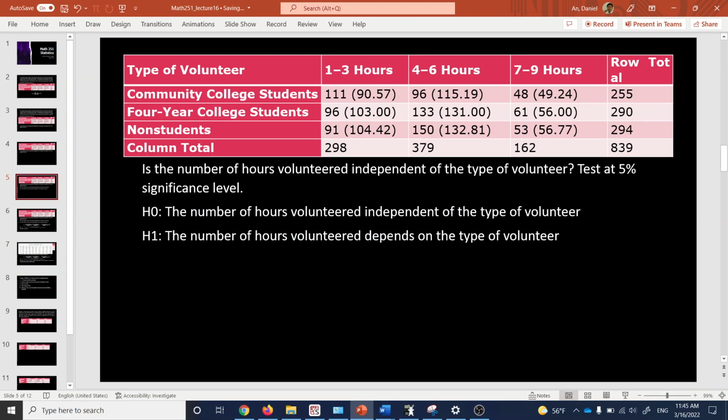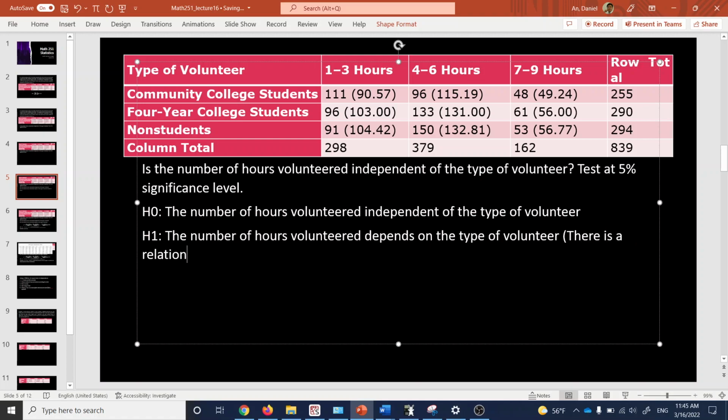The number of hours volunteered depends on the type of volunteer. I think a better way to say it is: there is a relationship between the number of hours volunteered and the type of volunteer. Okay, so that's how you often formulate the alternative hypothesis. Being dependent means that there is a relationship between the two variables, right?